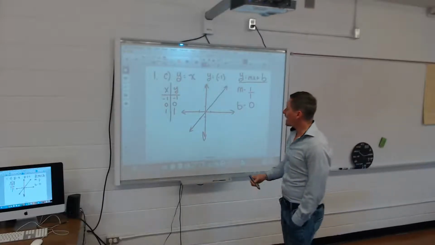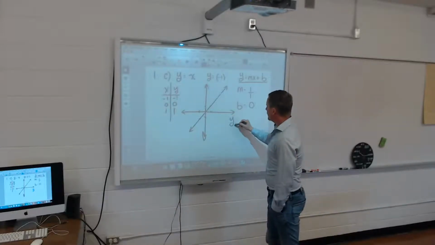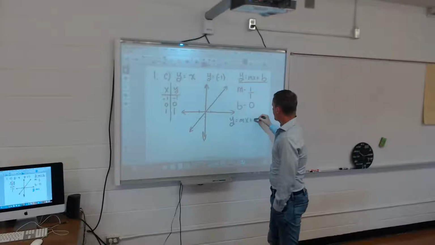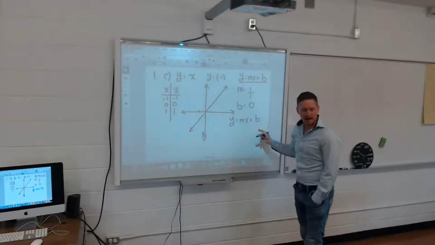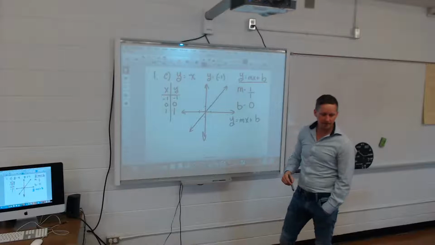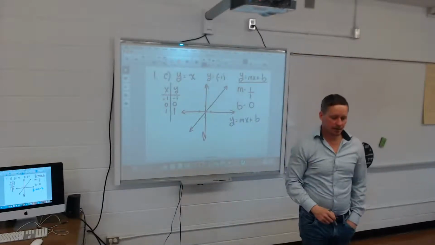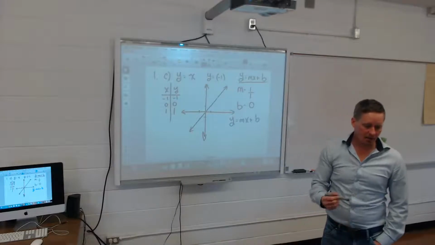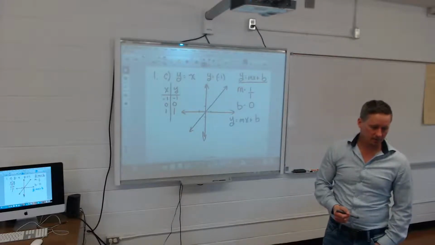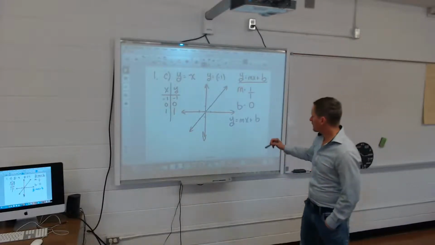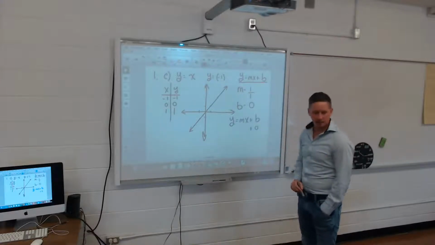Okay? So if I asked you to make an equation for this graph using y equals mx plus b, I said, okay, what's your y-intercept? So where does that line cross the y-axis? 0. That's plus 0, right?